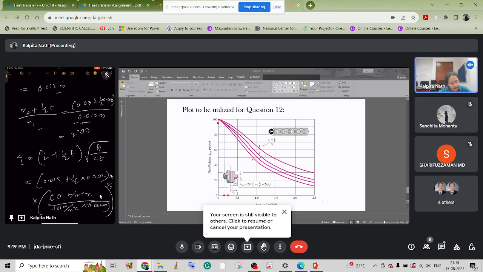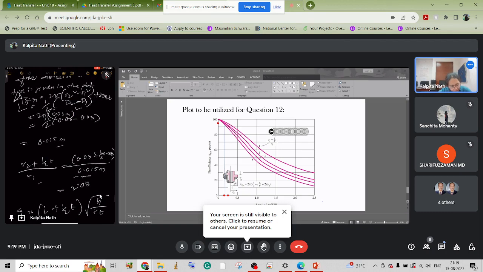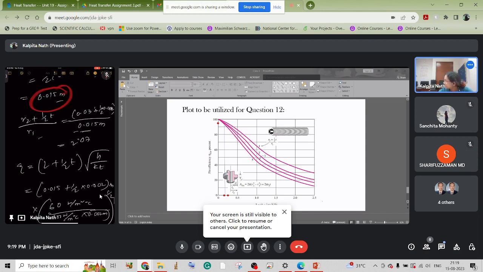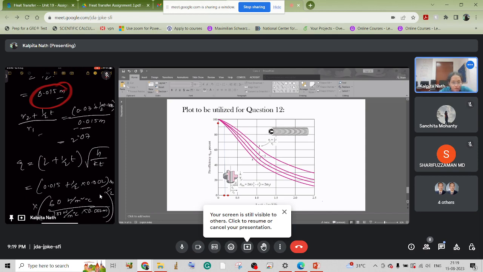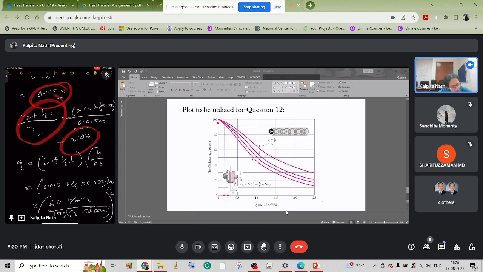We first needed to find out L. So L is half of d2 minus d1, and that came out to be this. And from the plot, we first need to decide which curve we will follow. For that we need r2 plus half of t upon r1, which we calculated to be 2.07.